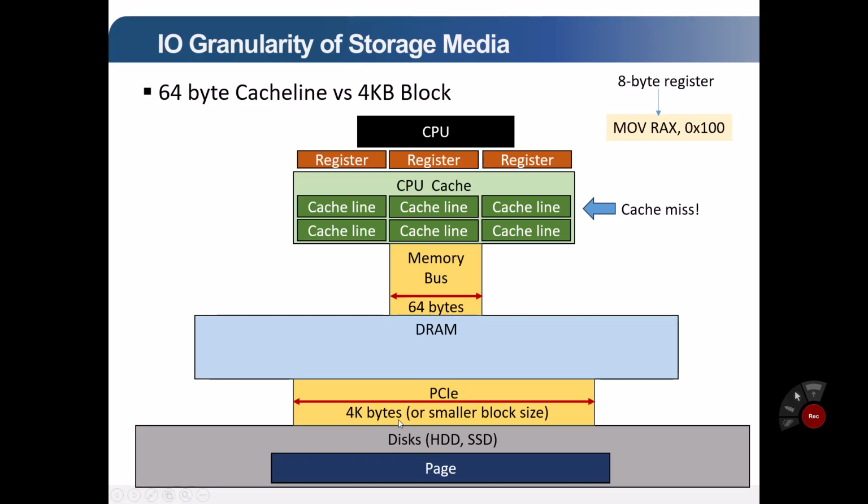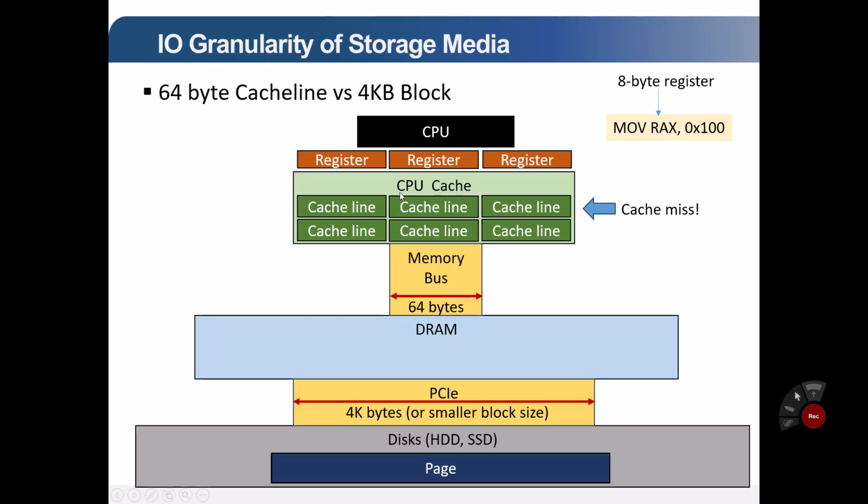And the size of the data transmitted between the storage device and DRAM is usually 4 kilobytes, and we call that a page, a 4 kilobyte page. And when the CPU executes a load, store, or move instruction, the data that resides in main memory will be copied to the CPU cache.